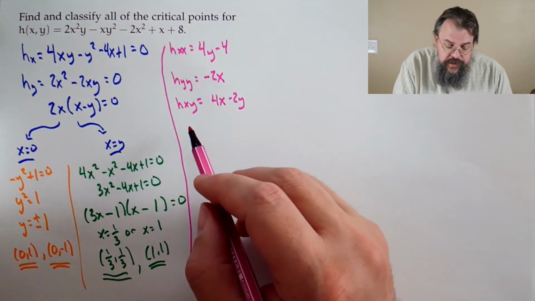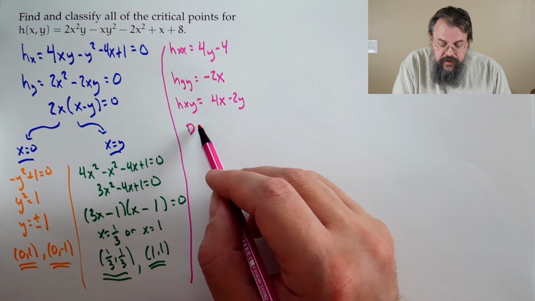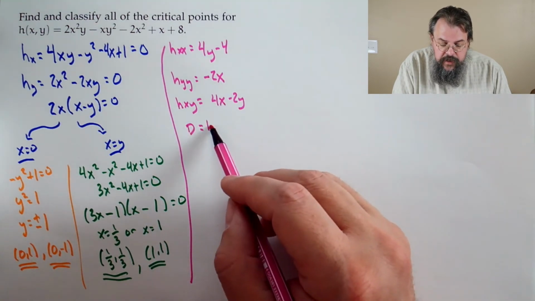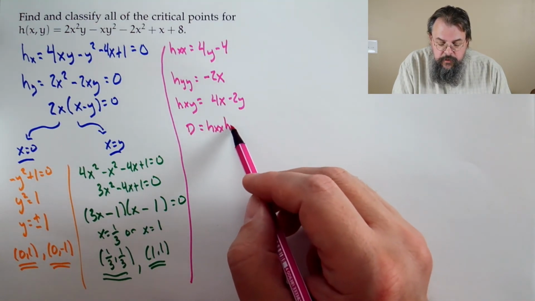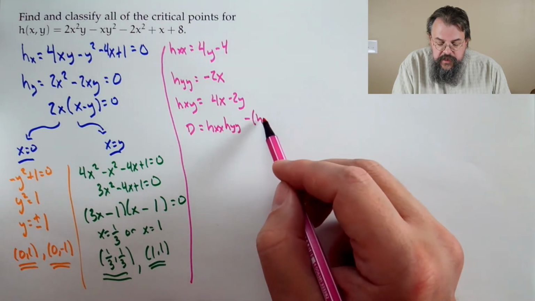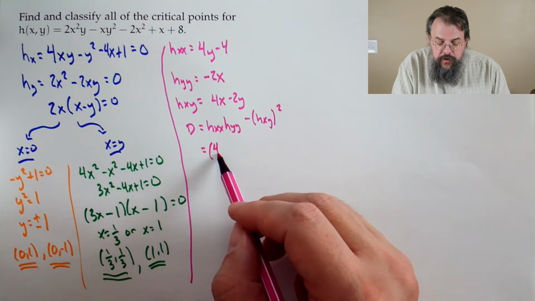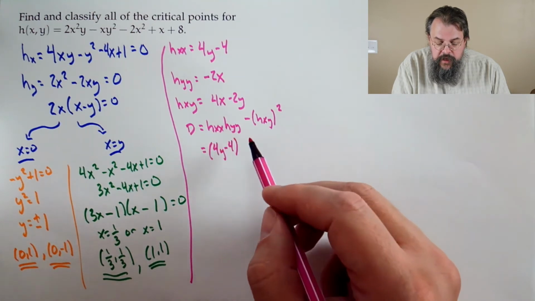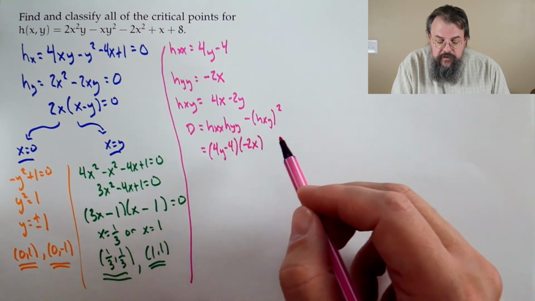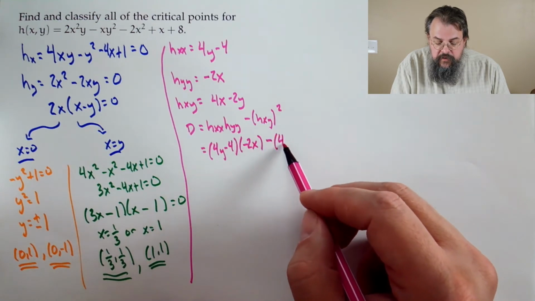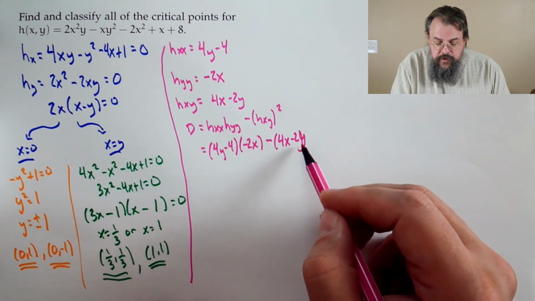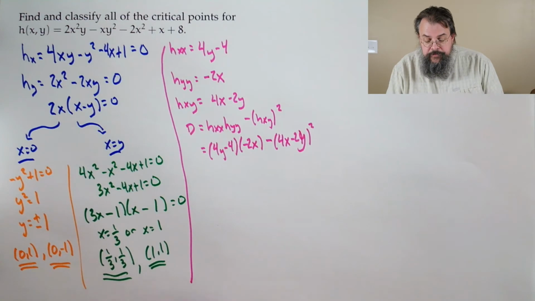So we're interested in what happens to this expression, D, which is hxx times hyy minus hxy squared. So that's 4y minus 4 times minus 2x, subtract 4x minus 2y squared.